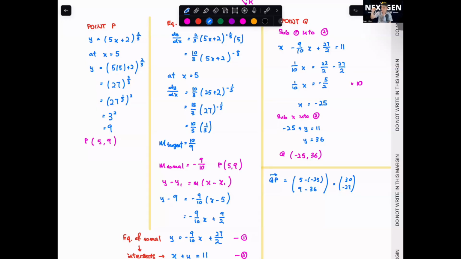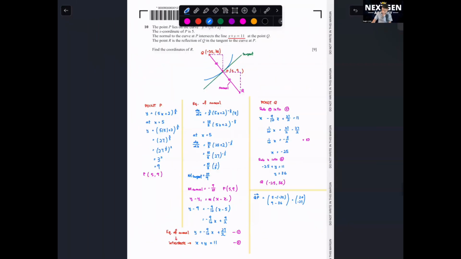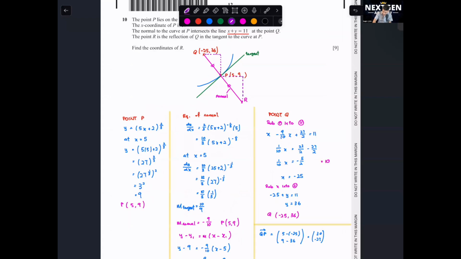So the movement is 30 to the right, 27 down. It means from P to R will also be (30, -27).